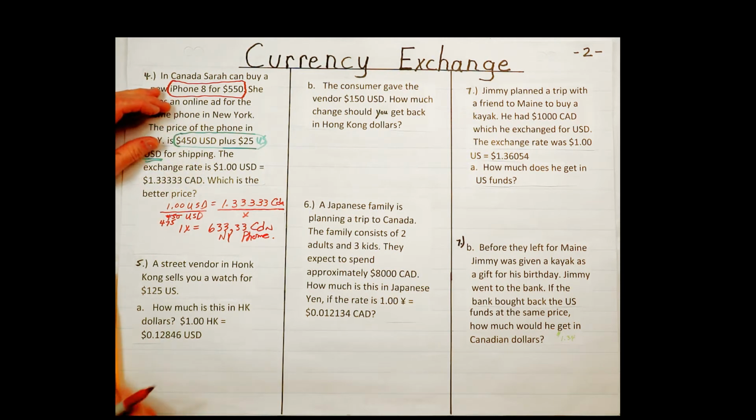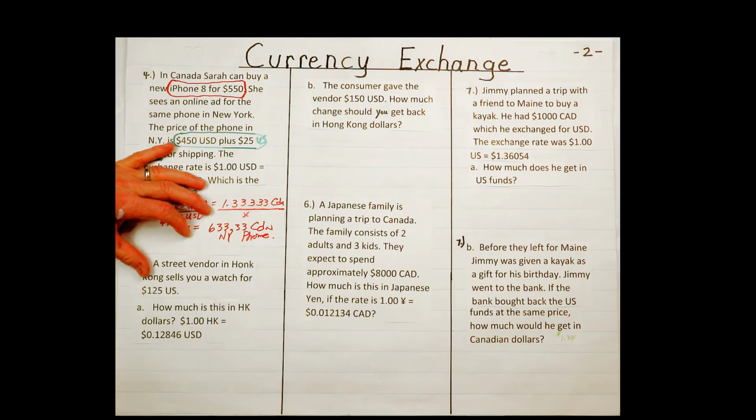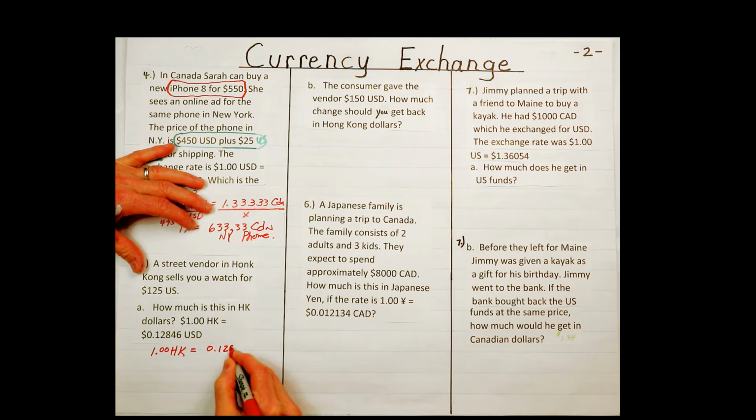Okay, number 5. A street vendor in Hong Kong sells you a watch for $125. How much is this in Hong Kong dollars? Okay, so our stated rate is 1 Hong Kong dollar is equal to 0.12846 US dollars.